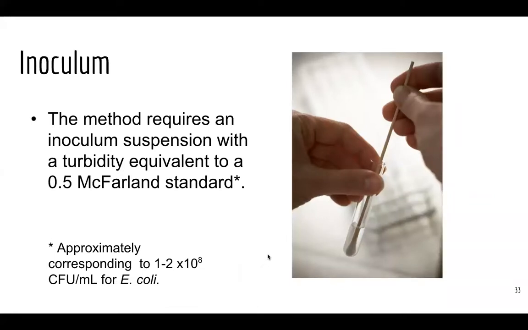And then for inoculation, when you grow your bacteria, you want to make sure that the turbidity is equivalent to 0.5 McFarland standard, which means absolutely nothing normally. A McFarland standard used to be a mixture of barium sulfate with other things, or it can now be a suspension of latex, which reflects a certain look.